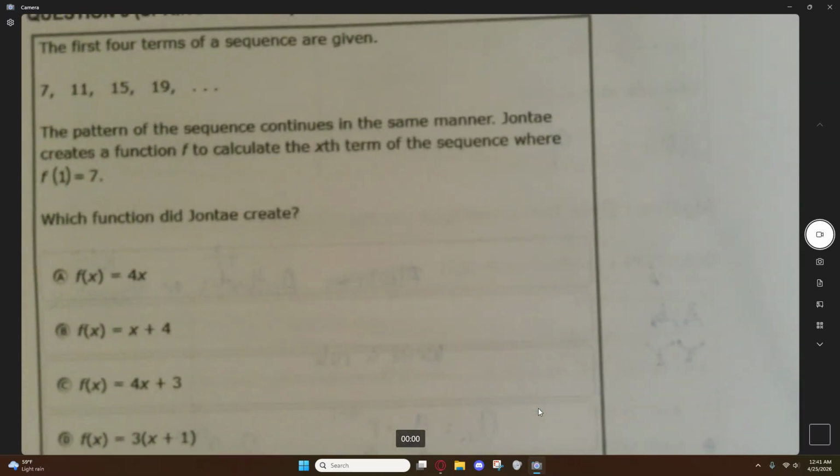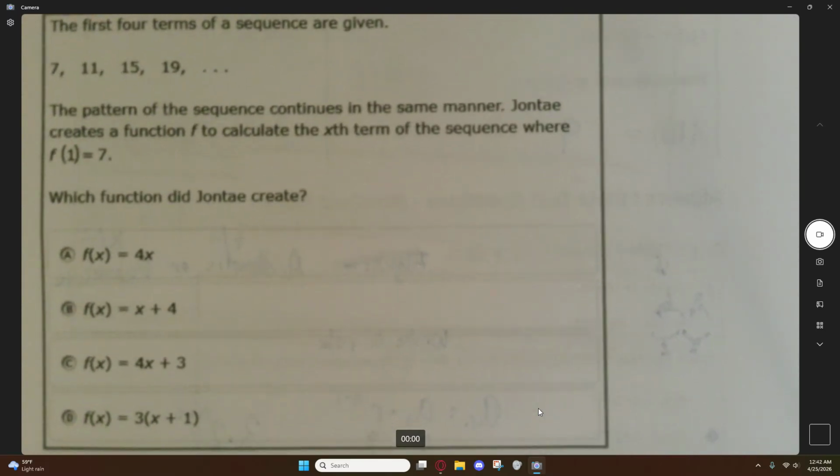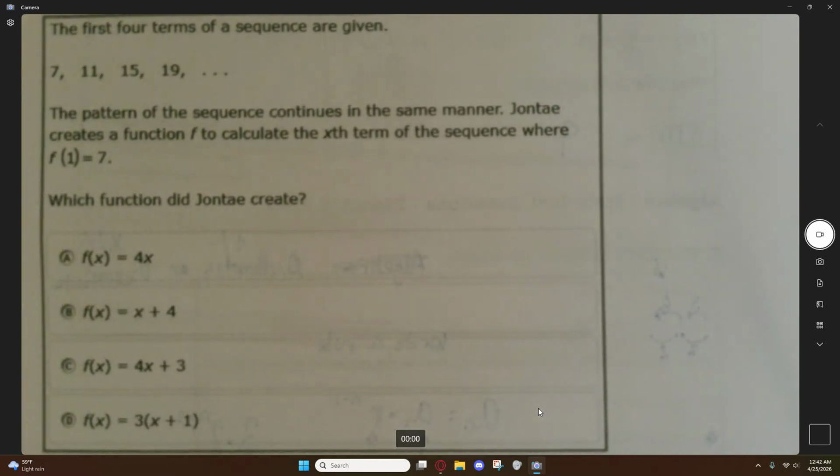Question 3 from the Spring 2024 OST. First 4 terms of a sequence are given, 7, 11, 15, 19. The pattern of the sequence continues in the same manner. Janté creates a function to calculate the x term of the sequence. So again, this is just write a rule. And again, we ask ourselves, arithmetic or geometric?